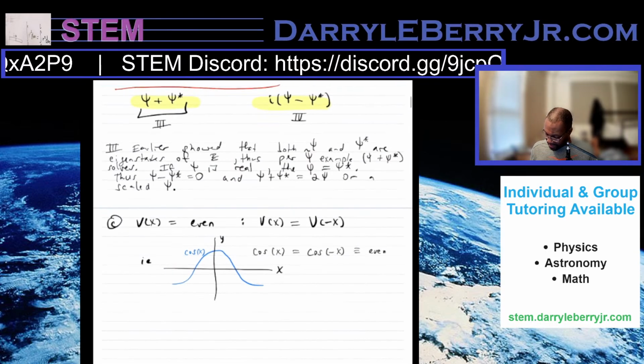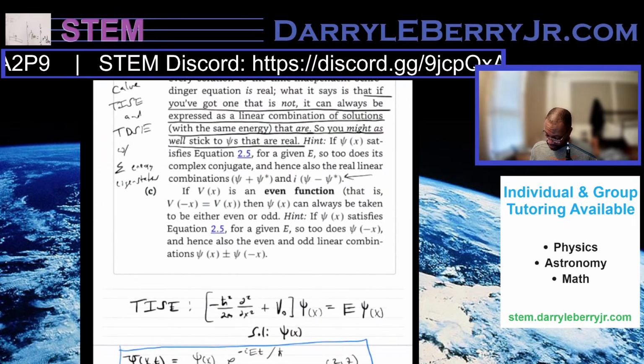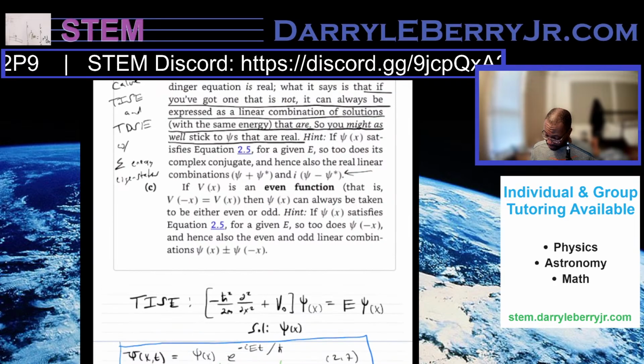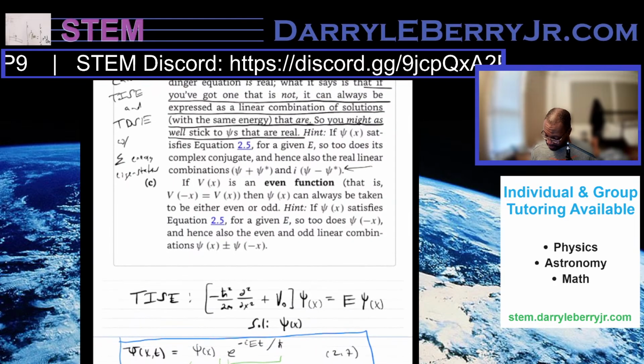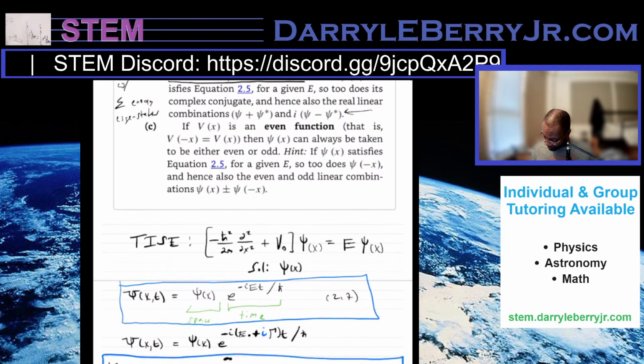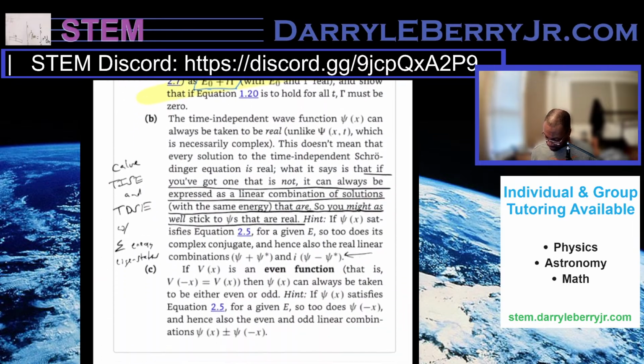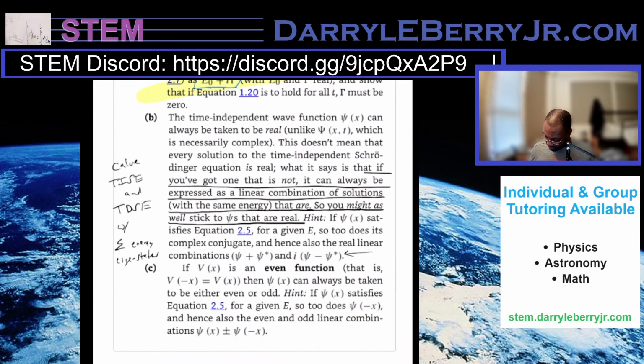And now I'm proving that if V is real, or at least is even, then the function can be odd or even. So the hint is if psi of x satisfies equation 2.5, which is the time-independent Schrodinger equation. Let me write that somewhere.